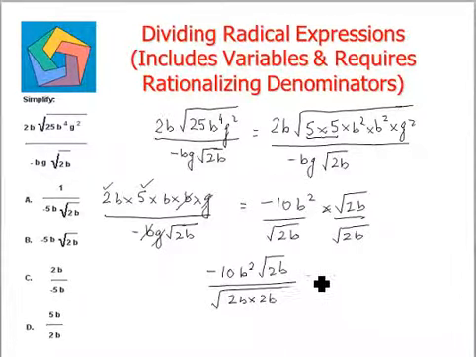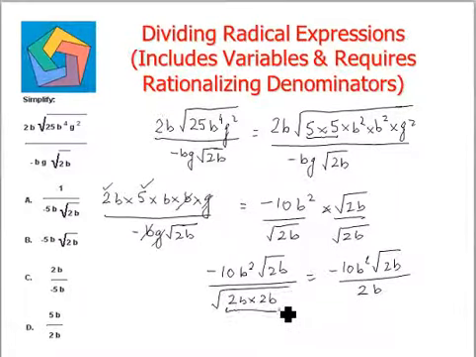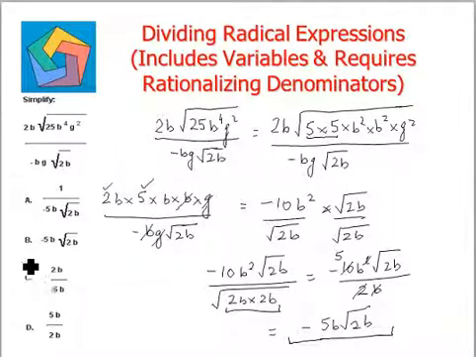This is equals to negative 10b squared square root of 2b divided by 2b, because inside we can pair these and this comes out as a single 2b. So we can simplify this. This turns to 5 and b squared divided by b is only b. So this is negative 5b square root of 2b as a final answer. This can be seen in option B.